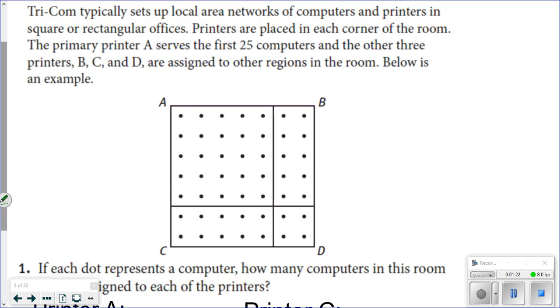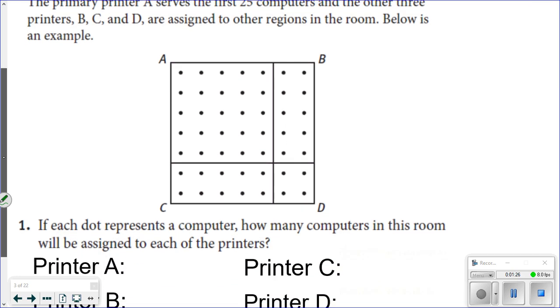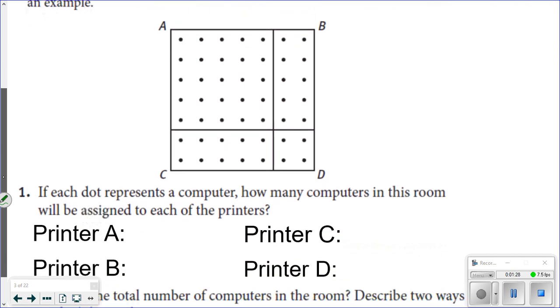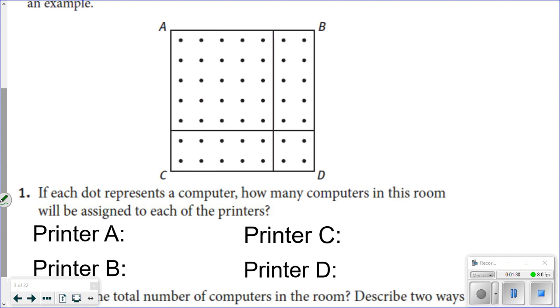The primary printer A serves a certain number of computers, and so does B, C, and D. So for question A, if each dot represents a computer, how many computers in this room will be assigned to each of the printers? So go ahead and count them up and write down your answers. How many computers?